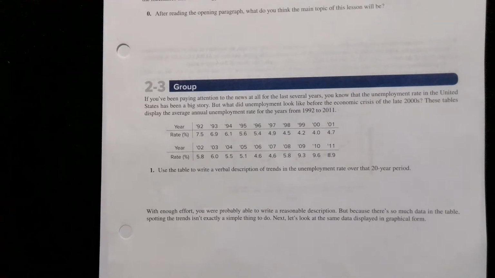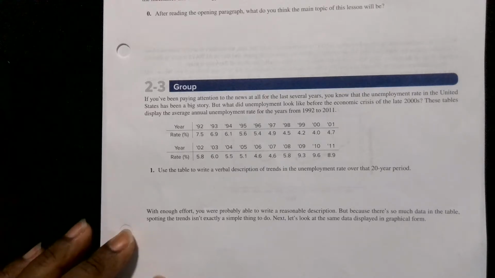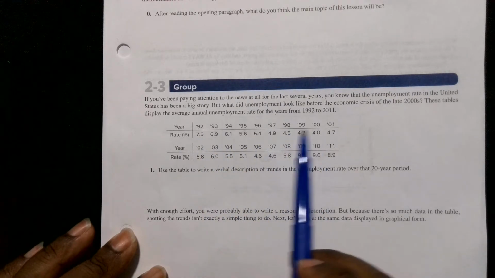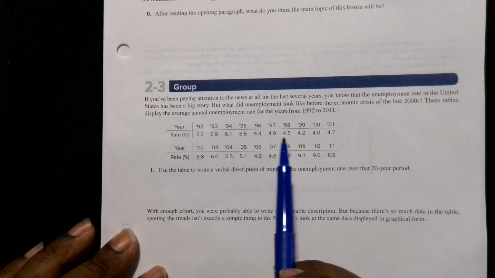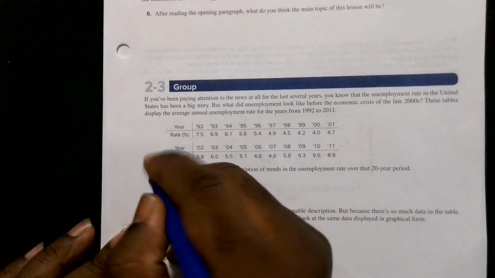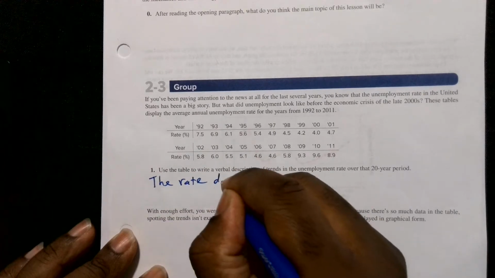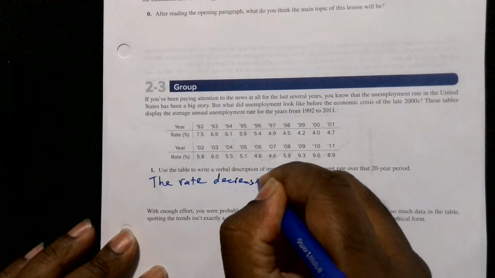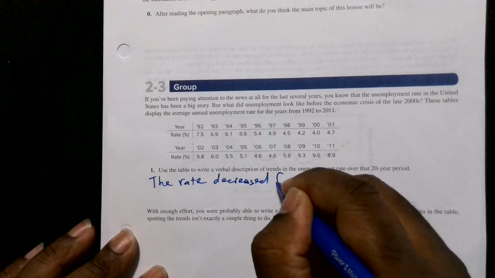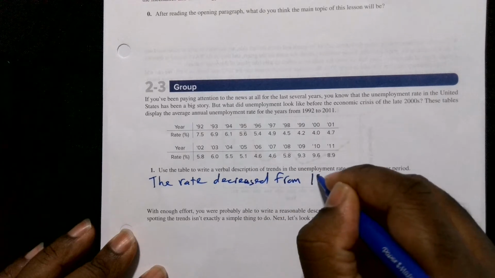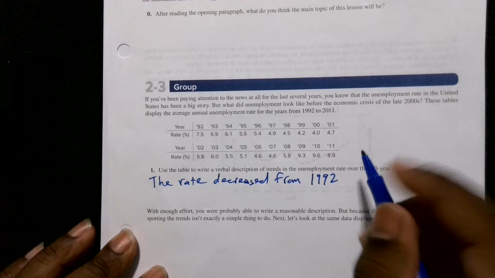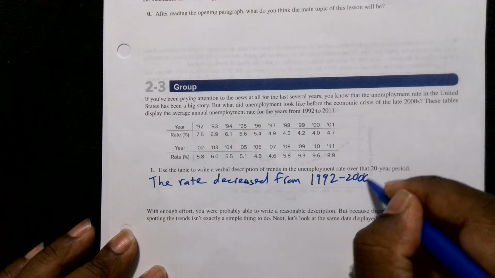Now, if we look here at this 20-year period, if you look from 1992 to 2000, the rate was decreasing. It was a steady decrease. So we could write the rate decreased from 1992 to 2000.